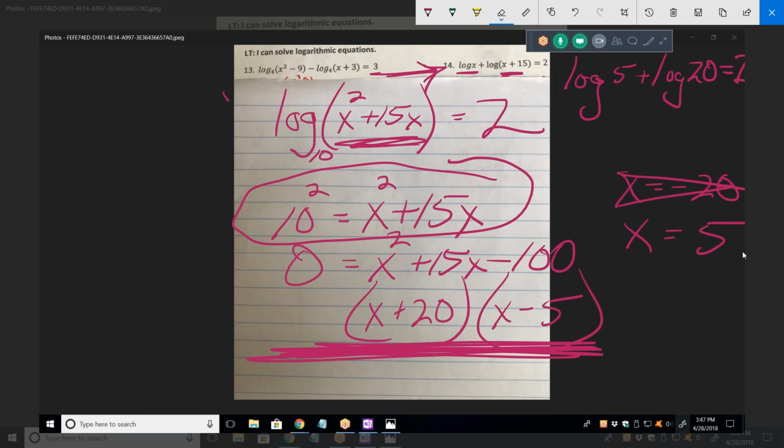The first step that I did was apply the rules of logs to convert it to this. And that's fine for a first step of solving the problem, but it's not where you want to check your domain. Because notice minus 20 doesn't violate that. Minus 20 squared is 400 plus a negative 300. That's positive. So neither answer violates that domain.